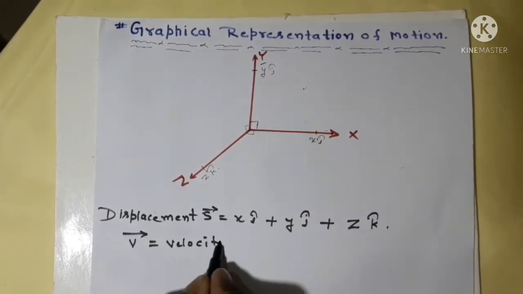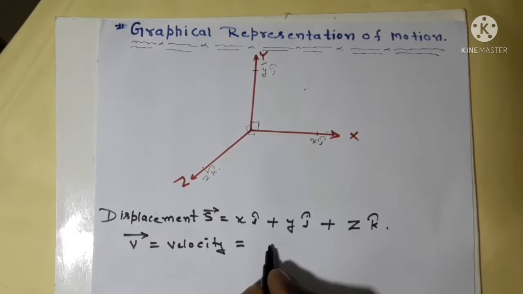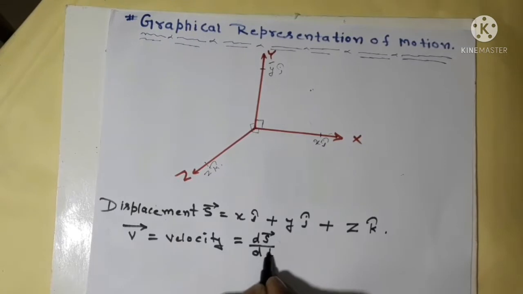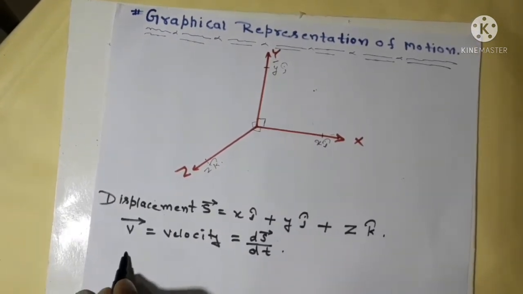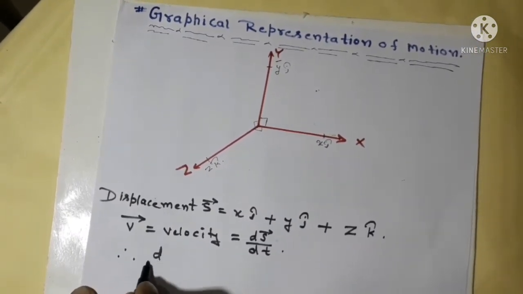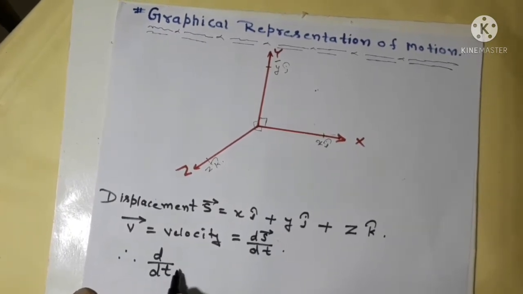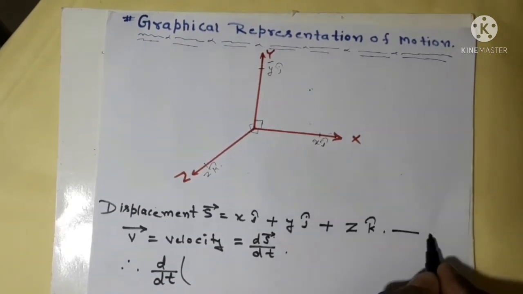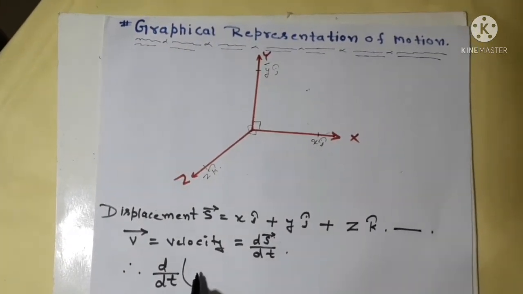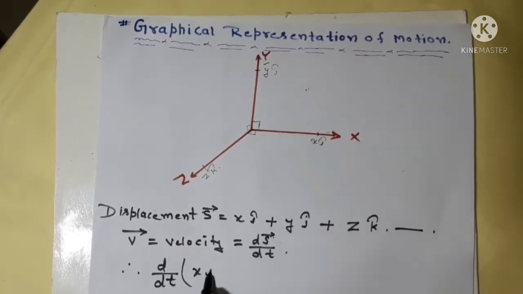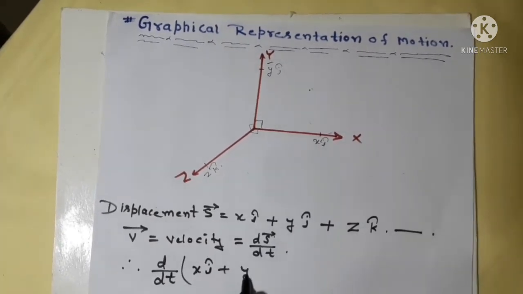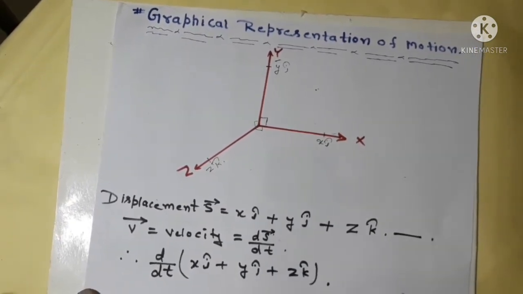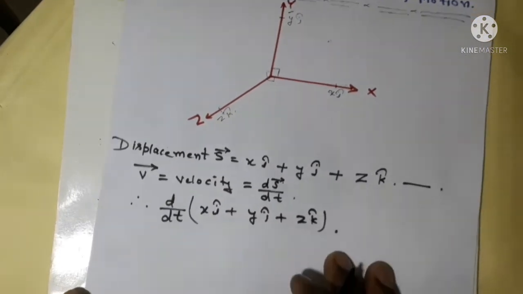Velocity is equal to rate of change of displacement. So we can write it as ds by dt. We will put the value of displacement here, then x I cap plus y j cap plus z k cap. This is like written.